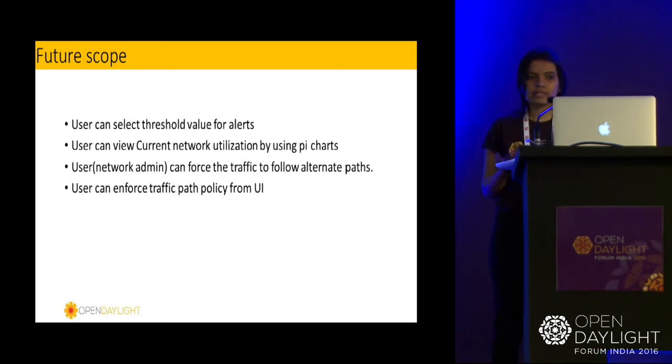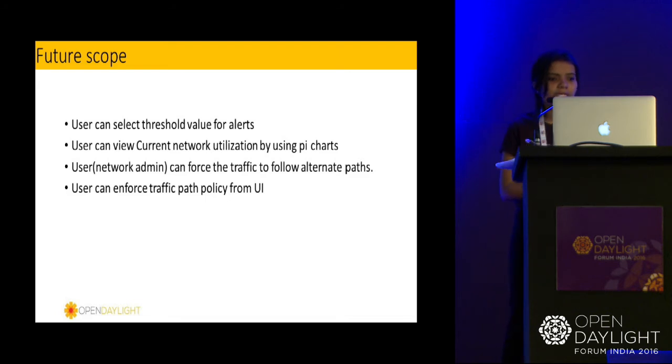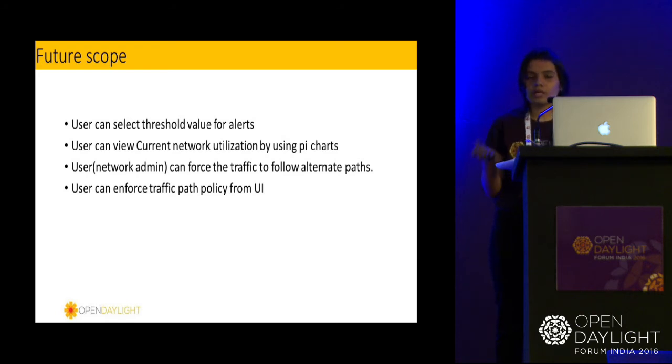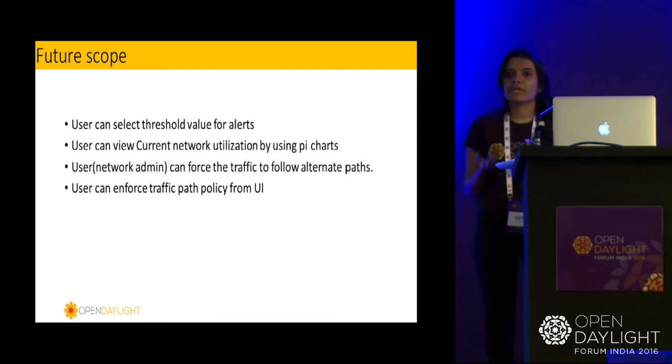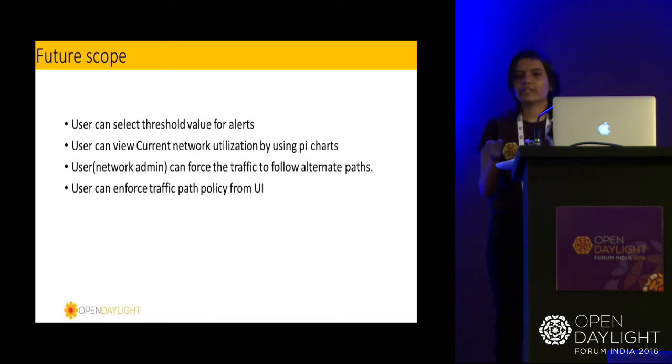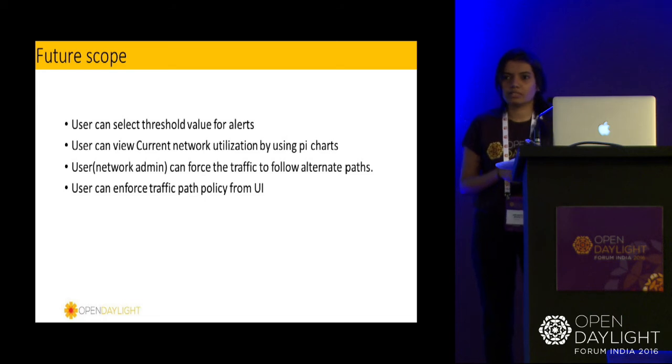We can add some extra features. The future scope for this alert mechanism is, right now I am considering hard-coded values for alerts. From the UI itself, the user can give the threshold value. Suppose I want that after 10 seconds, if my jitter value is more than 10 seconds, it should show me the alert.